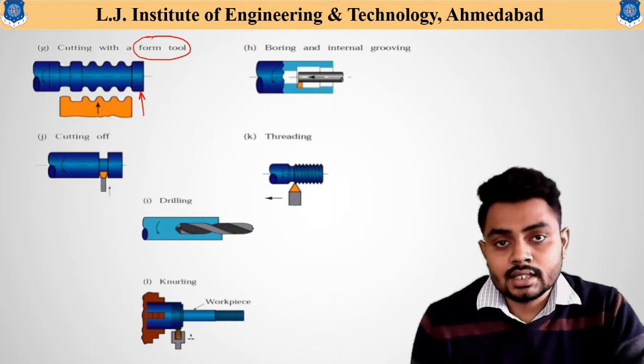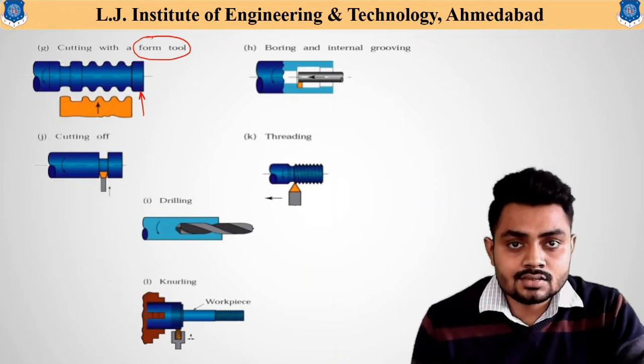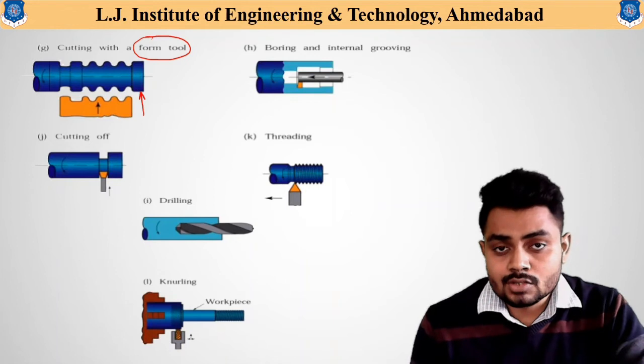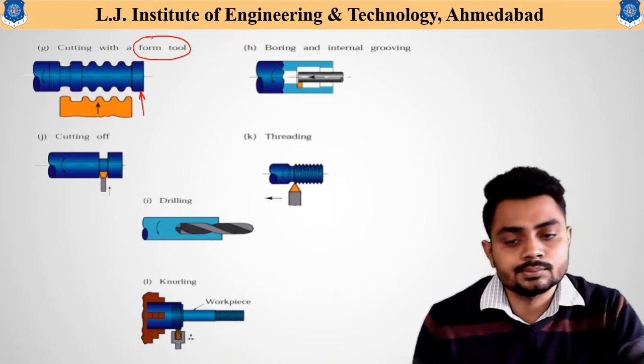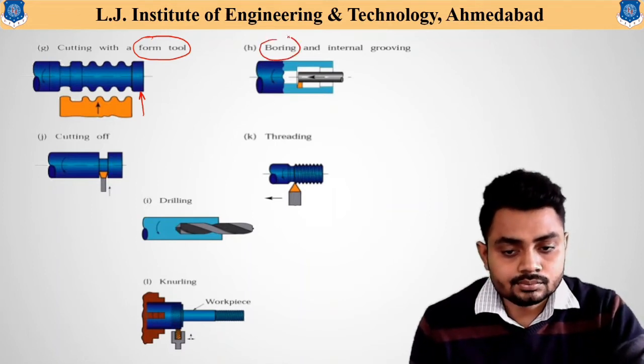So this cutting tool has the shape that is required on the workpiece, and that's why this tool is called the form tool, and the operation performed using this form tool is called the cutting with a form tool operation.